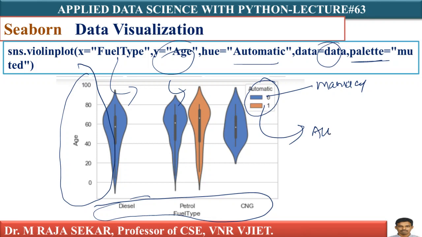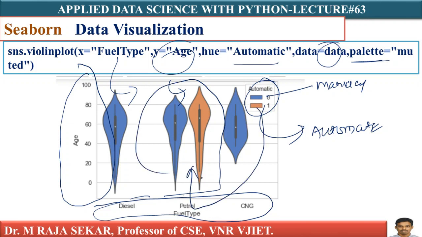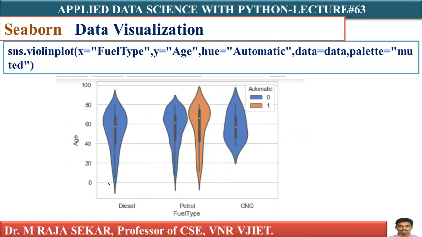automatic car. If you observe these violins, only in the case of petrol cars do you have this color, but you don't have this color for diesel, or even for CNG. What does it mean? There is no car with diesel or CNG fuel which has an automatic gearbox. All those cars have 0, which is this color.